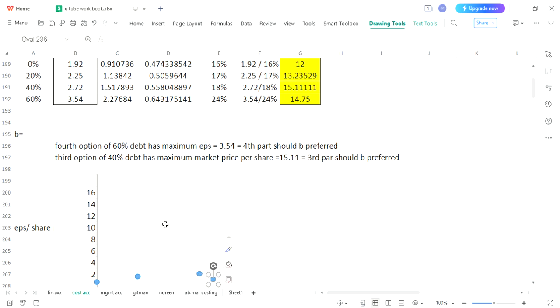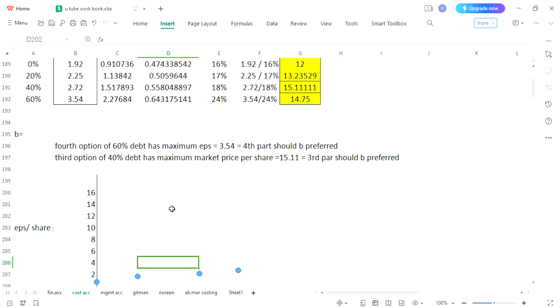Then we need our fourth point. At 60% it is 3.54. 60% is here and 3.54 would be just below 4. So all 4 points have been mentioned.